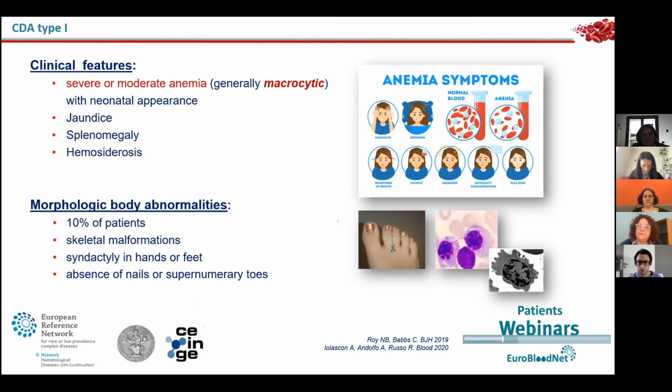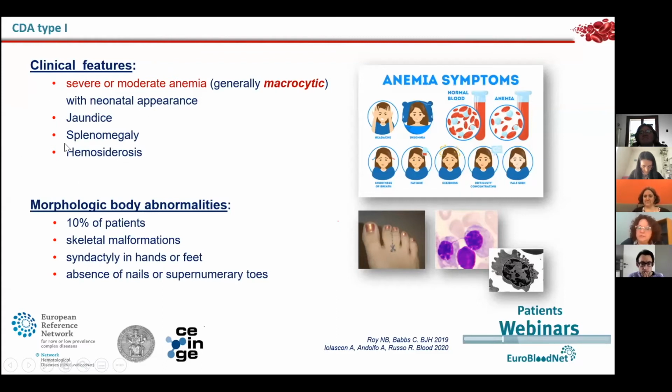Regarding clinical features of CDA type 1, this condition is generally characterized by anemia, that is generally macrocytic. This means that the volume of the red blood cell is increased, and this anemia may range from moderate to severe, and generally it has a neonatal appearance.